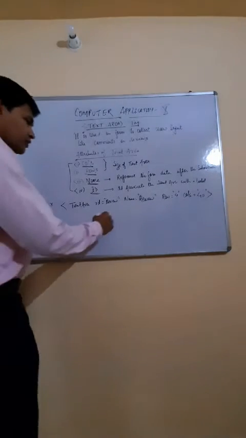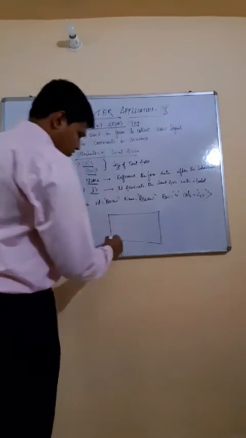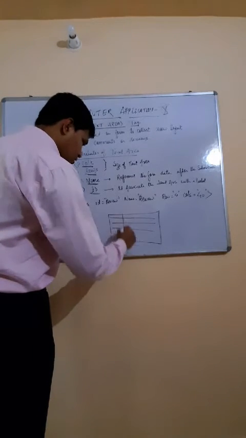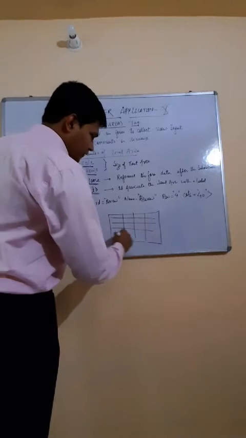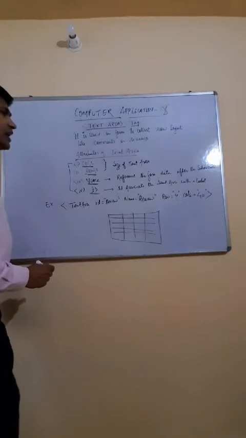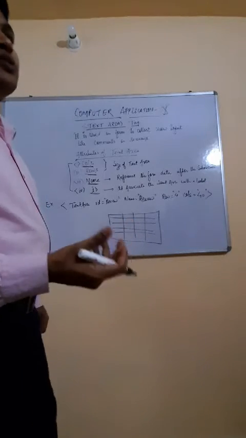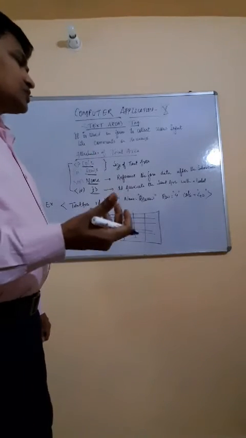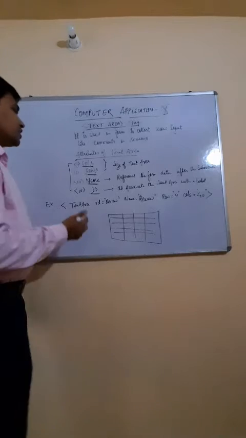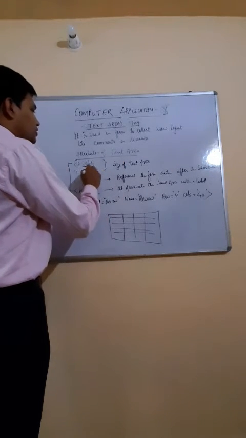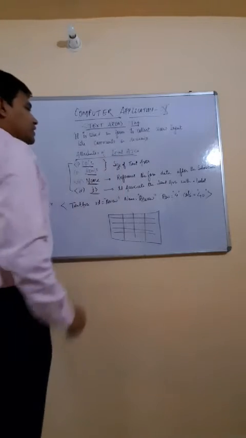When you create a textarea, there are rows and there are columns. The rows and columns define the actual size of the textarea, that is, how large the rows and how large the columns are.